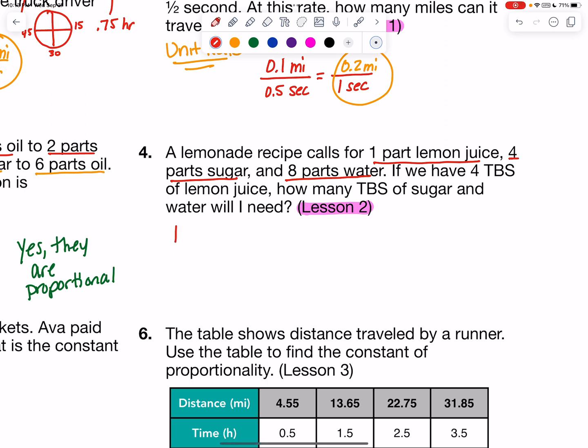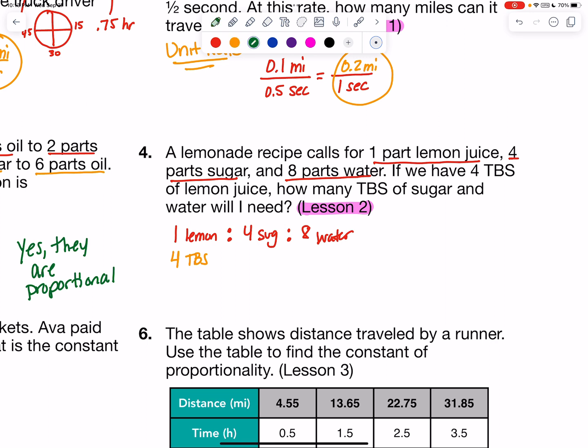So we have 1 part lemon, and I'm going to use my ratio colons here, 4 parts of sugar to 8 parts of water. So that's a 1 to 4 to 8. They're saying we have 4 tablespoons of lemon juice. So here's what I have, 4 tablespoons of lemon juice. How many tablespoons of sugar and water will I need?